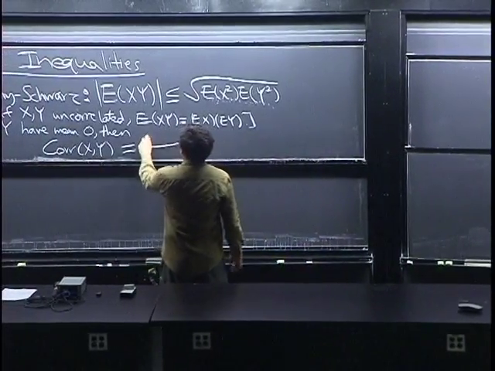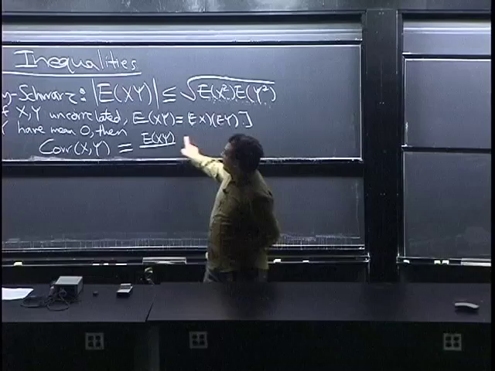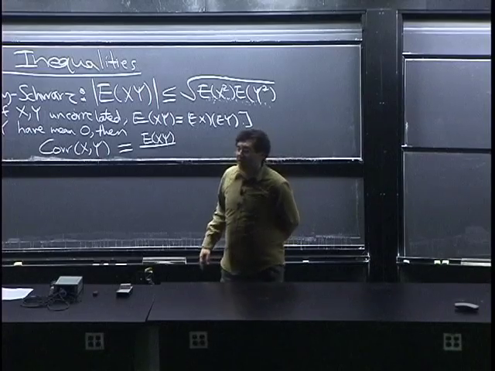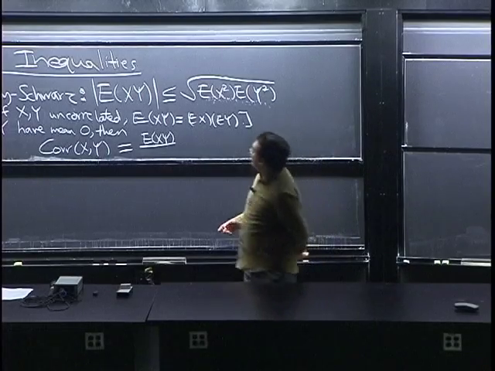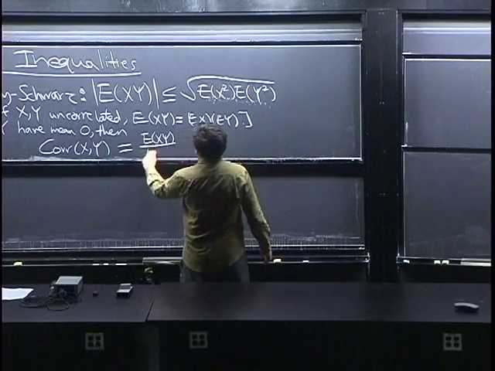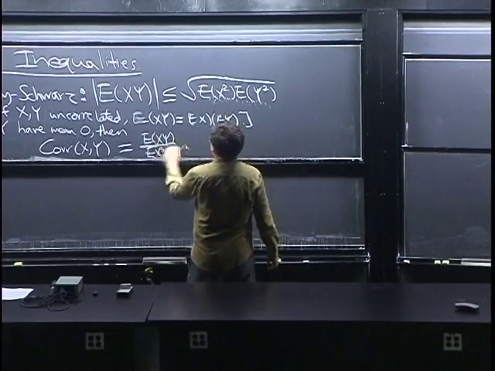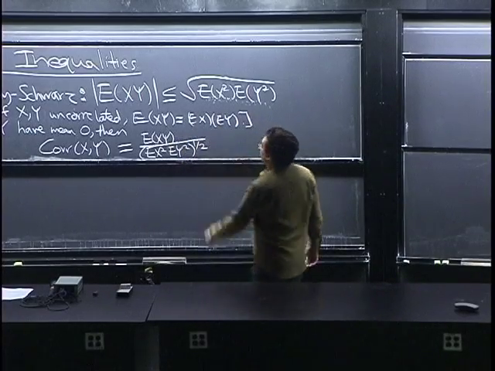So the covariance is E of xy minus E of x, E of y, but I'm assuming mean 0. So this is the covariance. And I divide by the product of standard deviations, but the variance of x is just E of x squared because it has mean 0. So we just do E of x squared, E of y squared, square root. That would be the correlation.